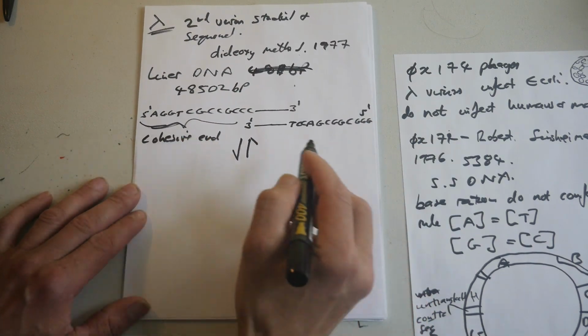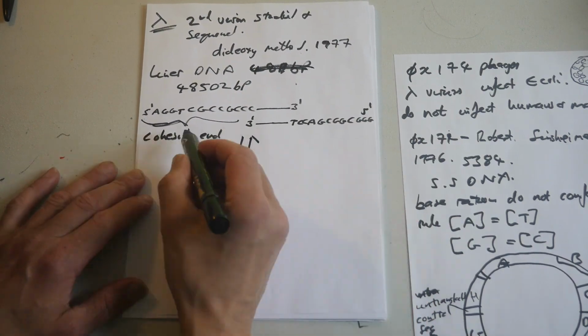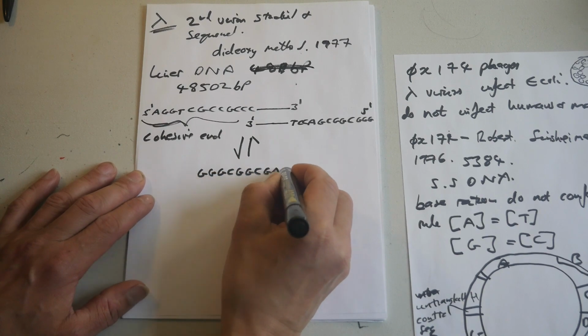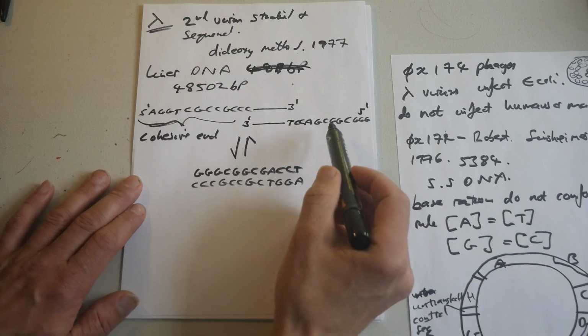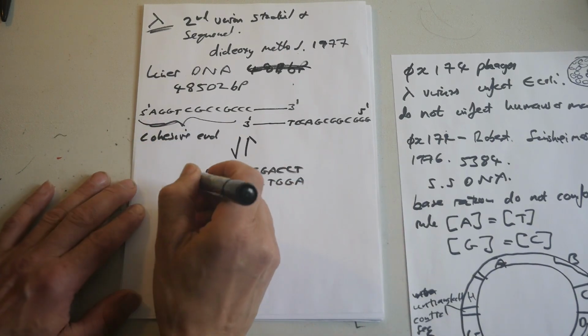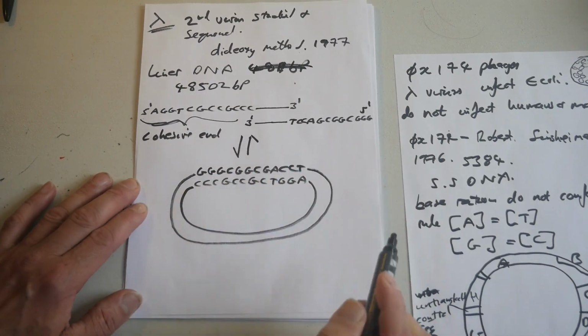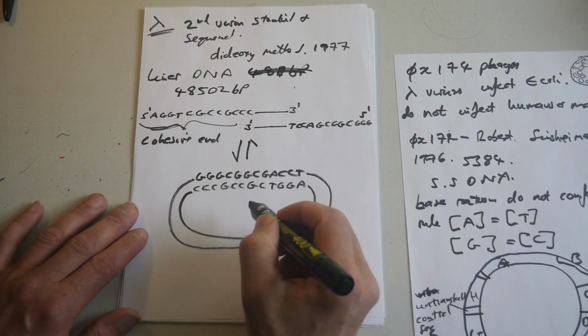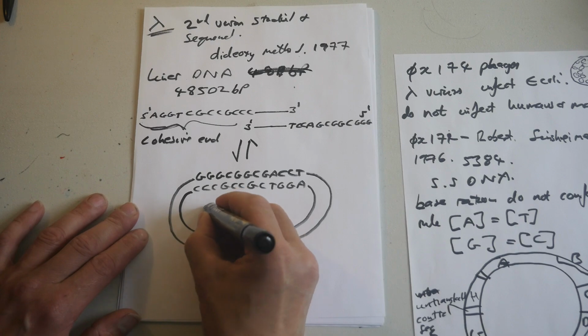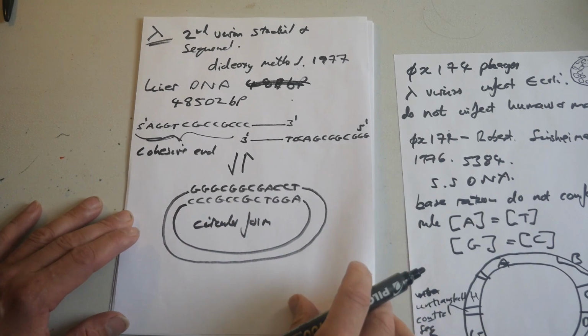So you get basically, okay. So that complements that, and then the linear DNA can actually fold up to become this circular DNA, okay?